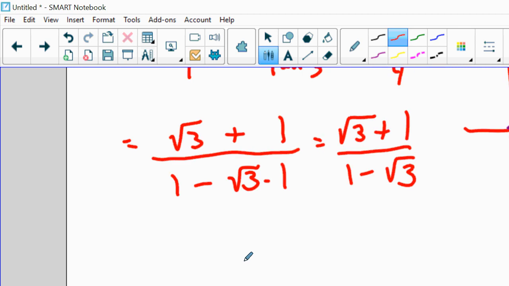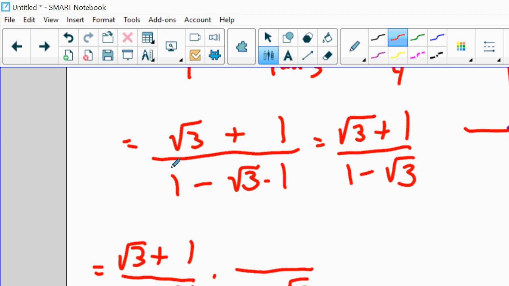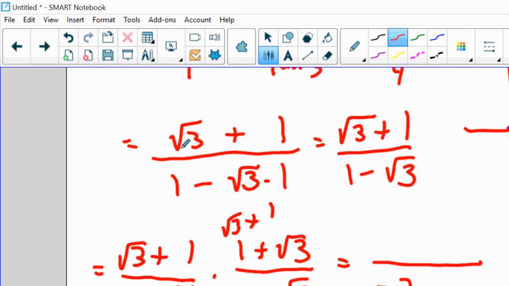Now, we could stop there, but traditionally in math, we multiply by the algebraic conjugate to get rid of the radicals in the denominator. Once again, I don't know who actually made that up. You'll find in calculus we're fine with them in the denominator sometimes. 1 minus 3 is negative 2. And let me write this as the square root of 3 plus 1. It'll be easier.